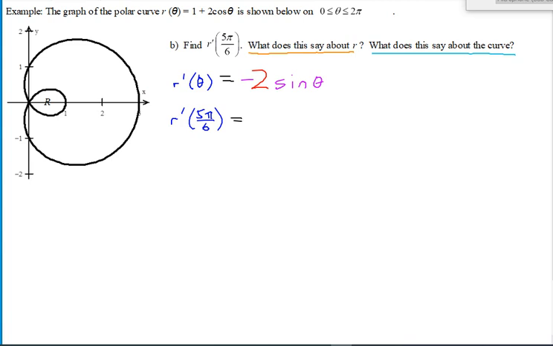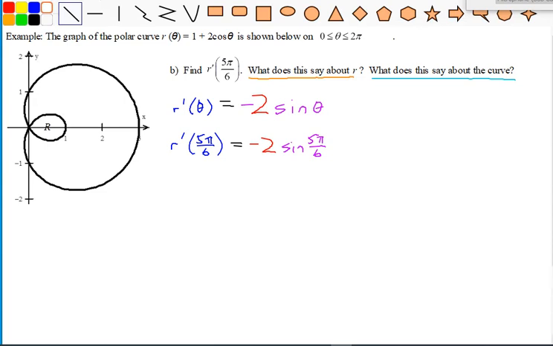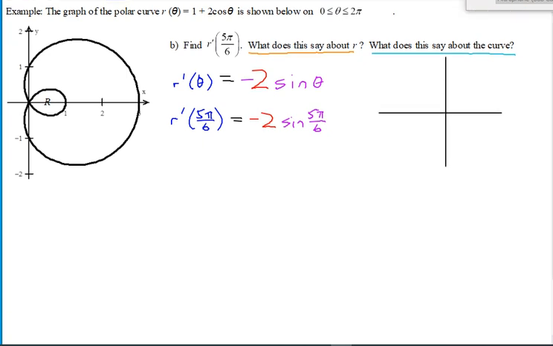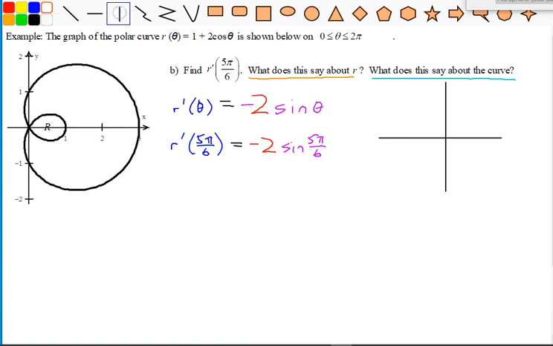That would give us -2 times the sine of 5 pi over 6. So let's figure out what the sine of 5 pi over 6 is. 5 pi over 6 is a little bit less than pi, which is 6 pi over 6. So it'd be in the second quadrant.